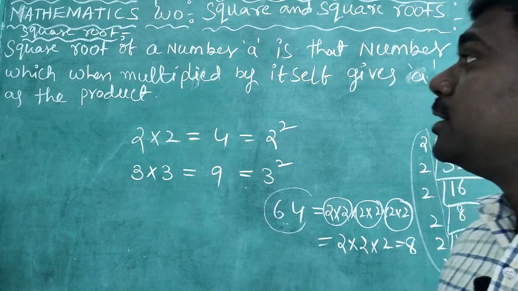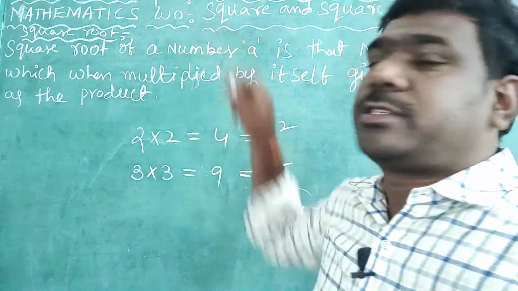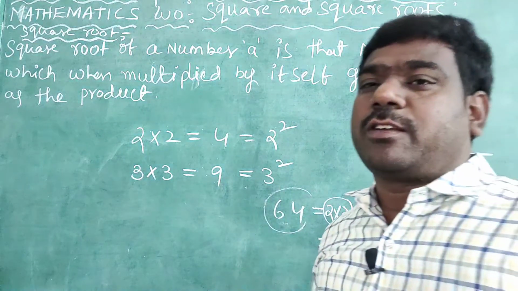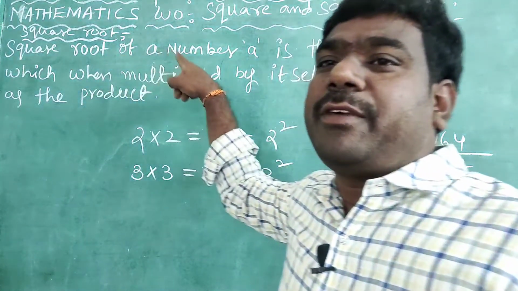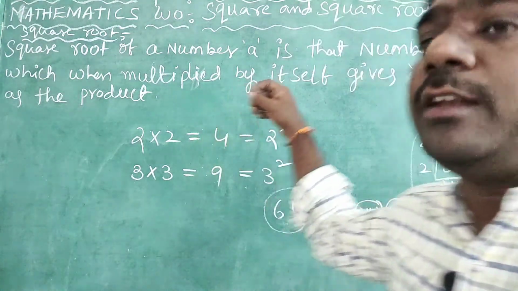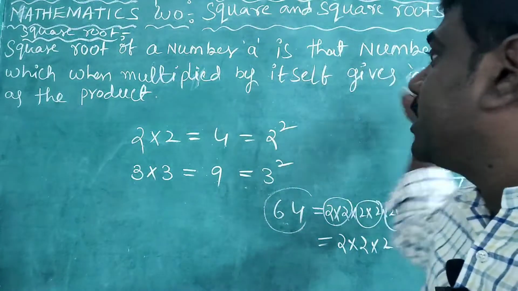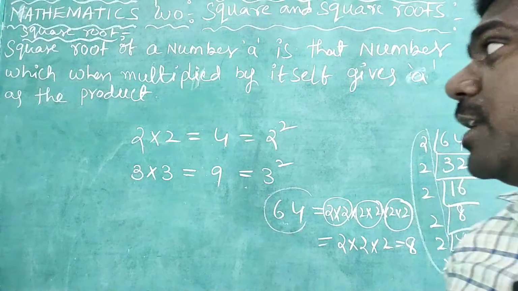We are going to learn and discuss the topic of square root. What is the meaning of square root here? The definition: the square root of a number a is that number which, when multiplied by itself, gives a as the product.